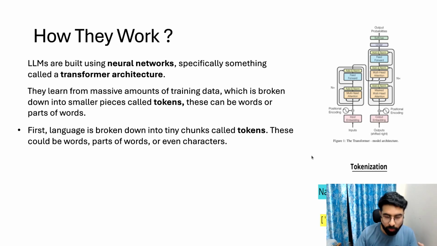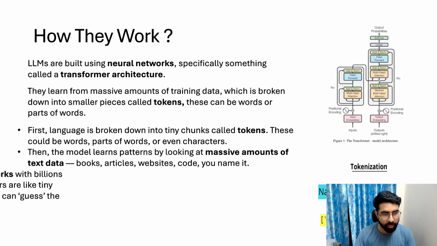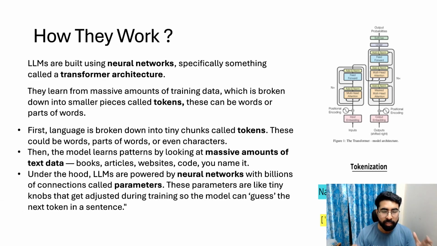That is what tokenization is. Then these tokens are converted into numbers, vectors, and then fed to the LLM. This data comes from different sources, which are books, articles, websites, code, whatever freely available data there is on the internet. Then this data is given to the transformer architecture on the right.